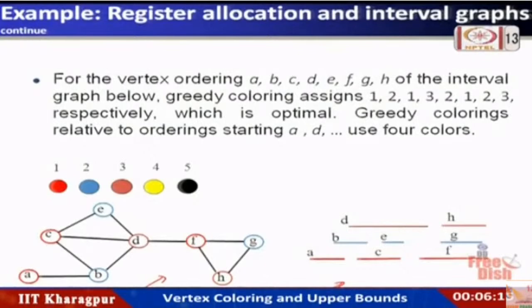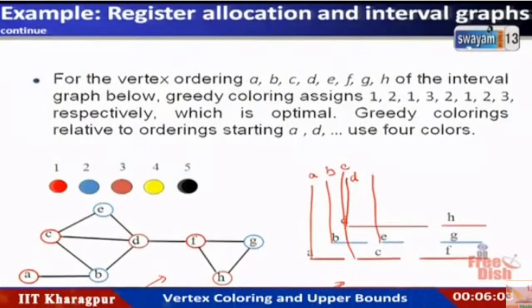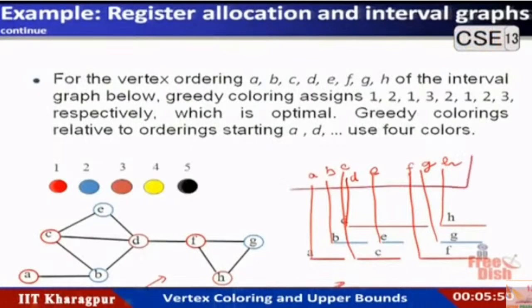The vertex ordering corresponding to this interval graph becomes A, then B, then C, then D, then E, then F, then G, then H. So this particular vertex ordering.